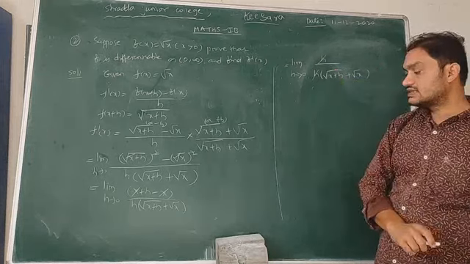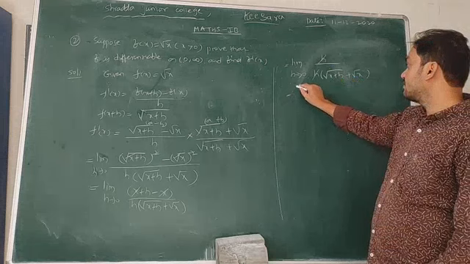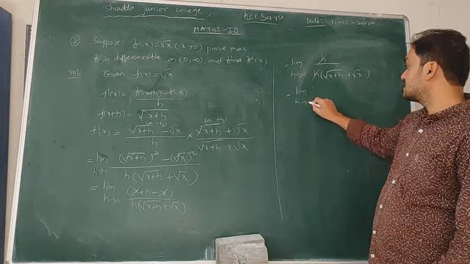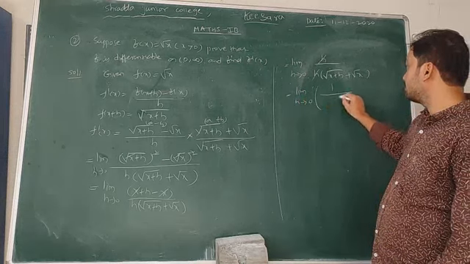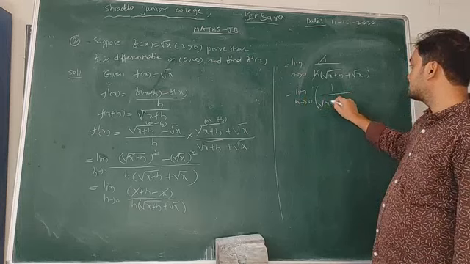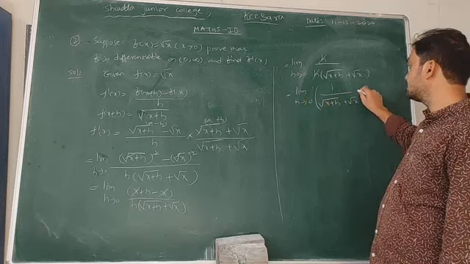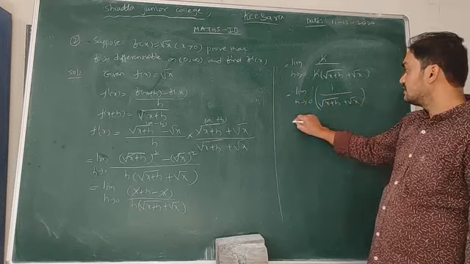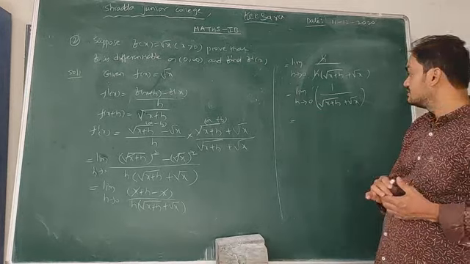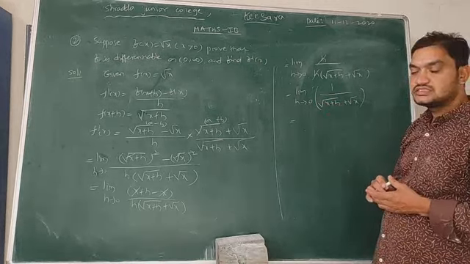Now h gets cancelled. Now limit h tends to 0, 1 by root of x plus h plus root x. Now here we have to substitute the h value, that is 0.